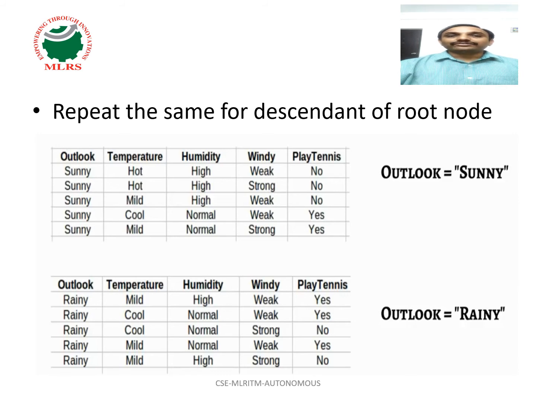One part where outlook value is sunny, the second part where outlook value is rainy. We separated those two. Next is the outlook sunny values: what are the remaining attribute values and what is the result value, the play tennis value. Then the outlook rainy values, with the remaining attribute values and the play tennis output value.